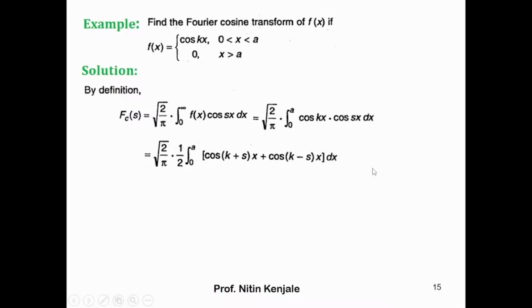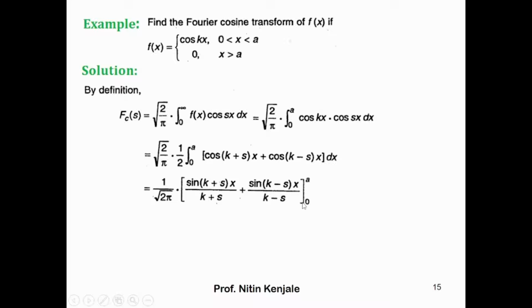Integration of cosine is sine. So integration of cos((k plus s)x) will be sin((k plus s)x) divided by k plus s, and integration of cos((k minus s)x) will be sin((k minus s)x) divided by k minus s.